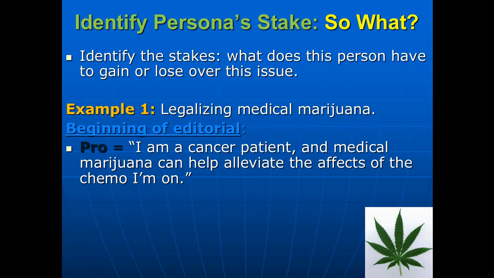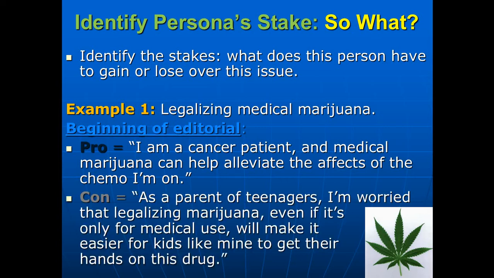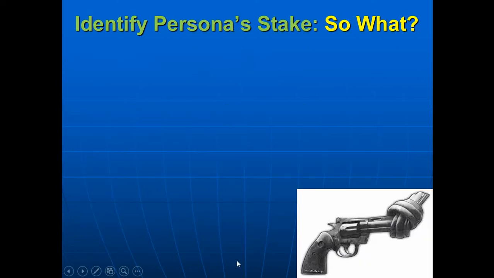You want to spell it out for them. On the other side, as a parent of teenagers, I'm worried that legalizing marijuana, even if it's only for medical use, will make it easier for kids like mine to get their hands on this drug. So again, we're identifying the persona, parent of teenagers, and then explaining what they have at stake.